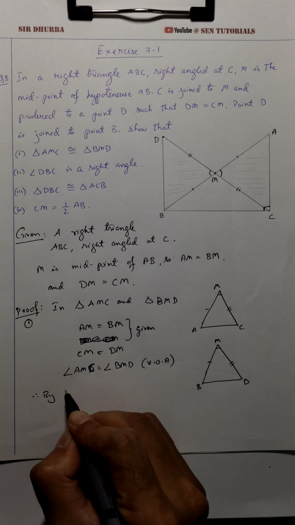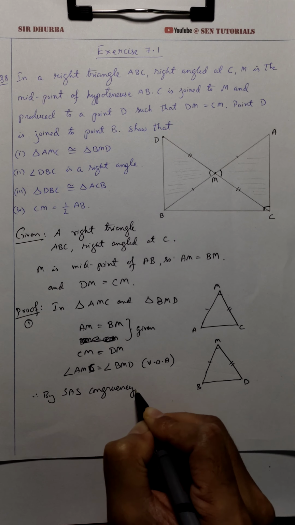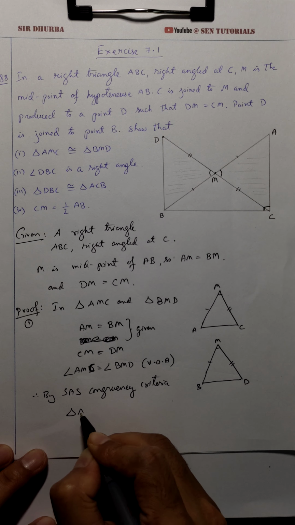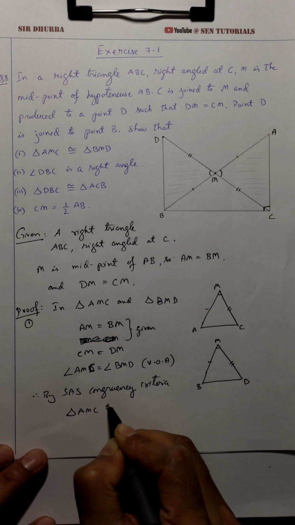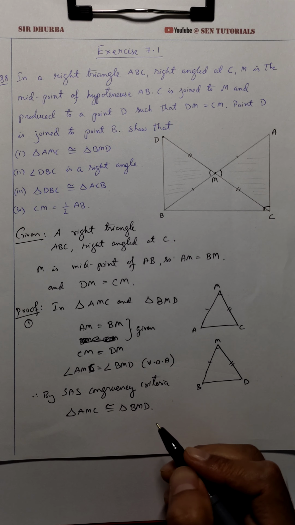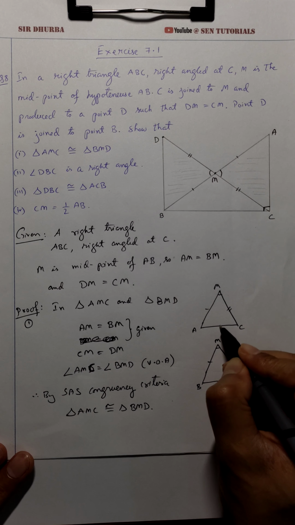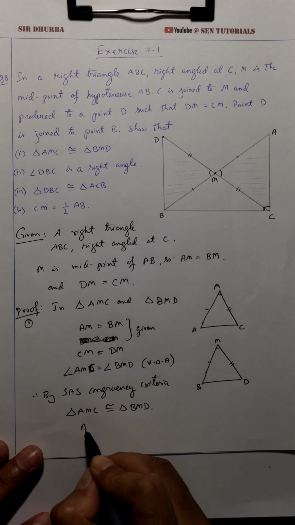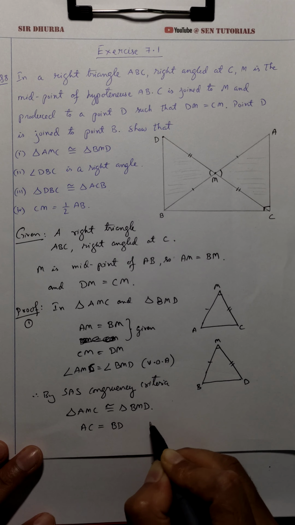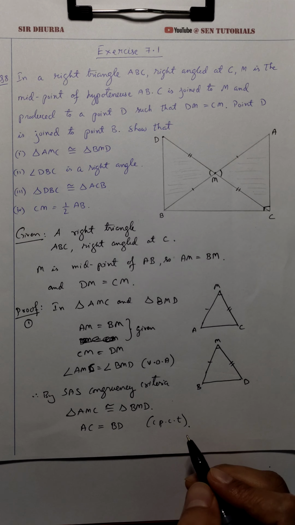So by side angle side congruency criteria, triangle AMC is congruent to triangle BMD. Done. So the first one is done. So with that, we might need it, AC is equal to BD. That will be CPCT, congruent parts of congruent triangles.